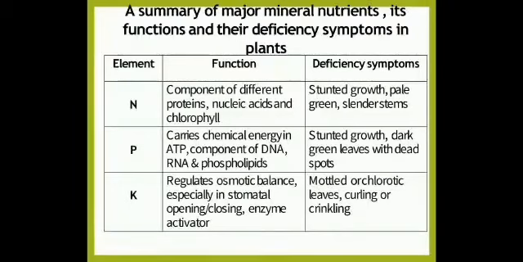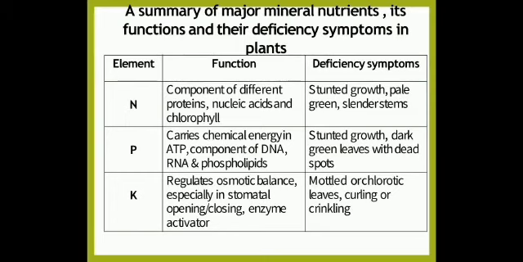Coming to the summary of the major mineral nutrients, the first one is nitrogen. Nitrogen forms an important component of proteins, nucleic acids, and chlorophyll. Its deficiency results in stunted growth, pale green color, and slender stems. Phosphorus carries chemical energy in the form of ATP and forms a component of DNA, RNA, and phospholipids.